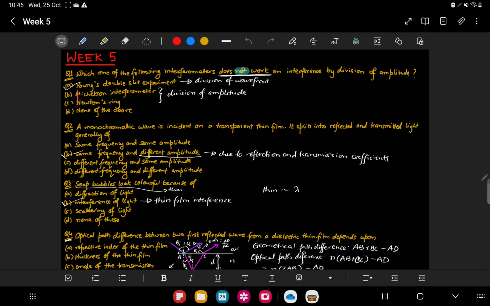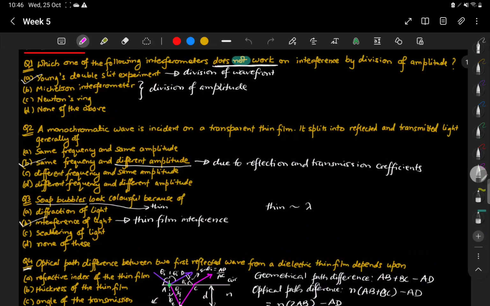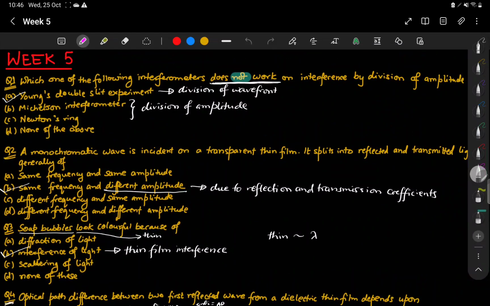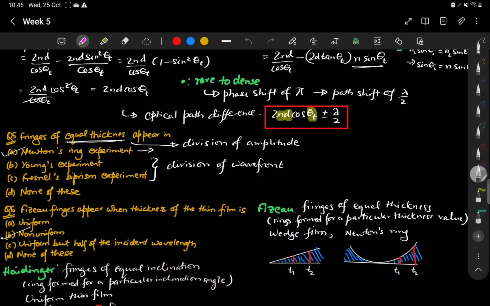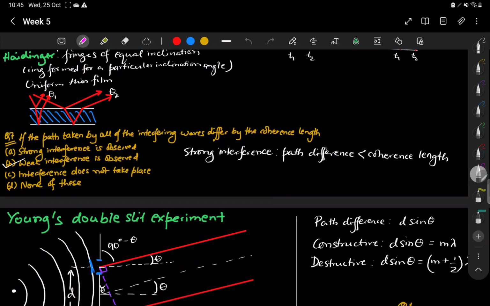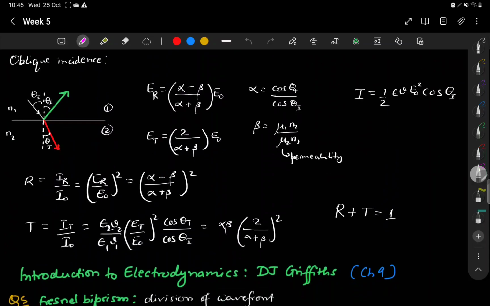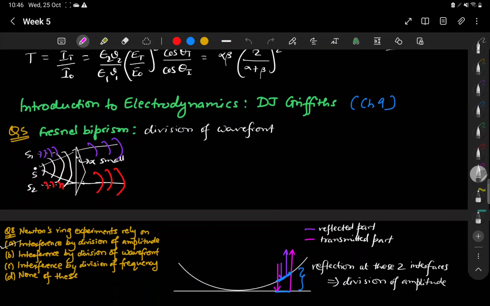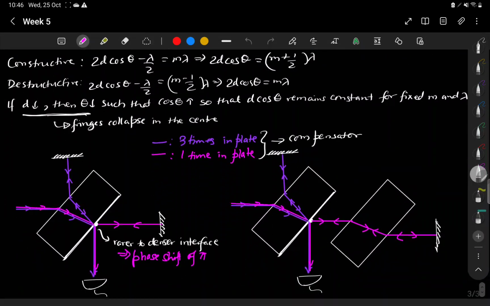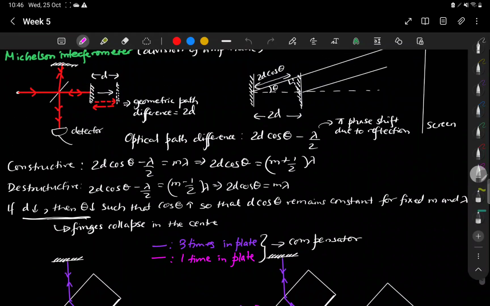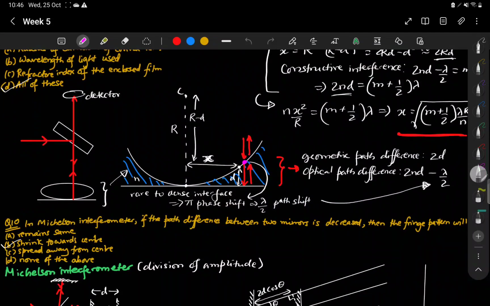Okay, now week 5. In week 5 we discussed various other interferometers like the Michelson interferometer.